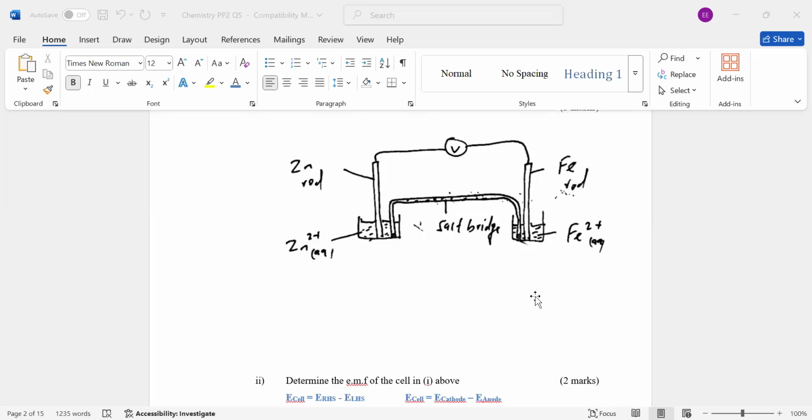From where to where? From the anode to the cathode. Very correct. The most reactive to the least reactive. And I've just said that if you are told to draw on the diagram, ensure you indicate it on that particular wire. Don't indicate it outside. But answer that question if and only if it has been asked. If not, leave it like that.